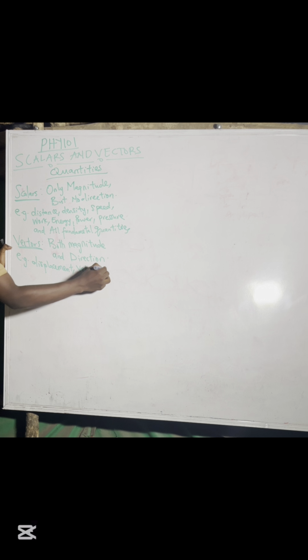So what are these unit vectors? We can have the I unit vector, the J unit vector, and the K unit vector.